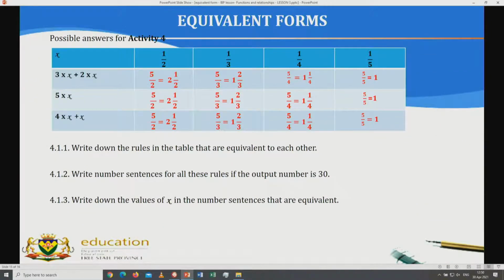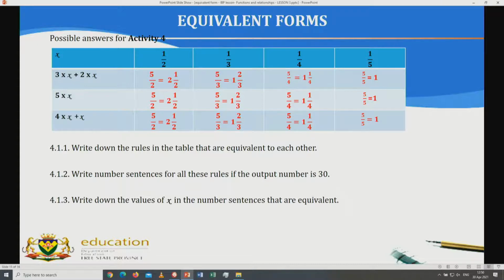Here are our outcomes. After doing some calculations, we will realize that 3 multiplied by x plus 2 multiplied by x, if the input value is half, when you substitute x in the first rule, you will find that the output value will be 5 over 2.